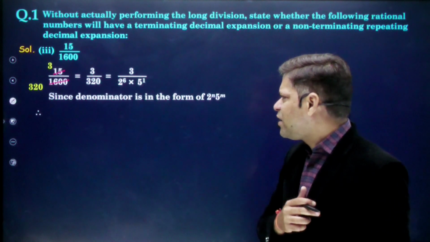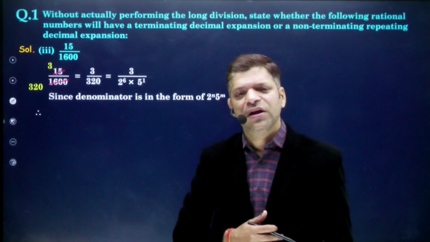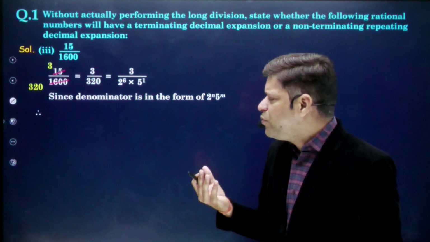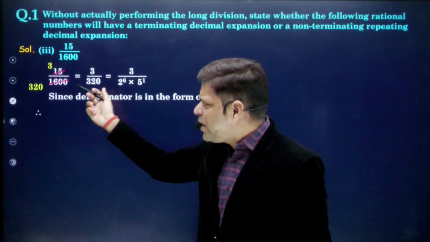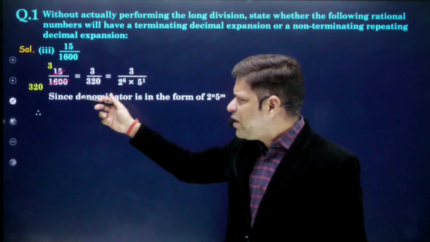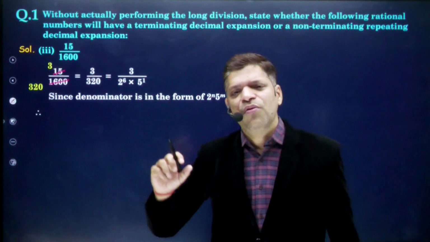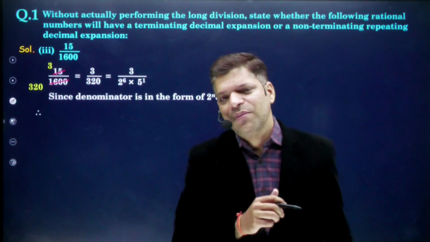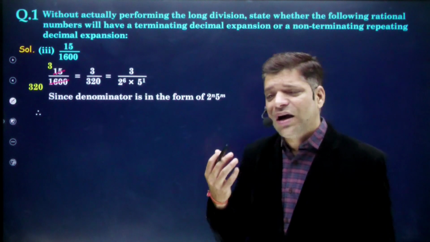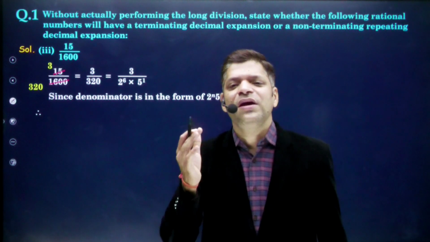First what we will do, as we have done, is take p by q, cancel out and convert it into the form where p and q are co-prime, that is, their highest common factor is equal to 1.